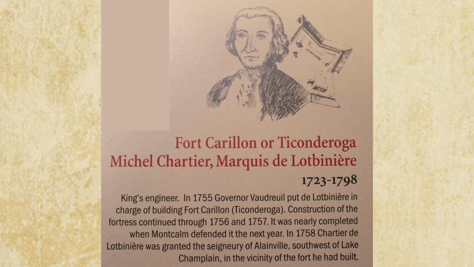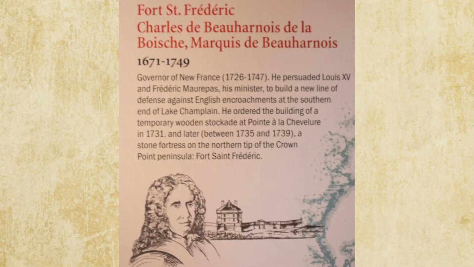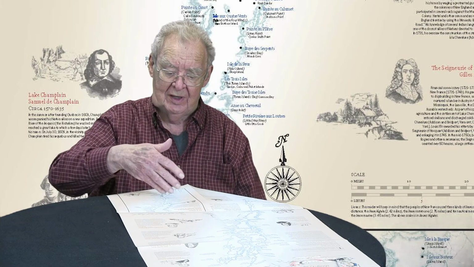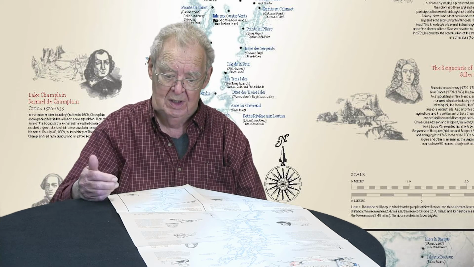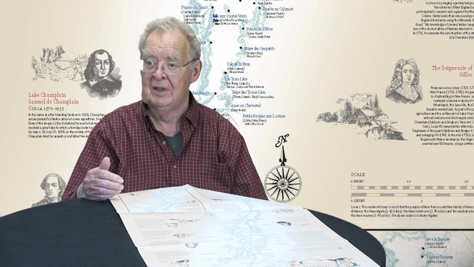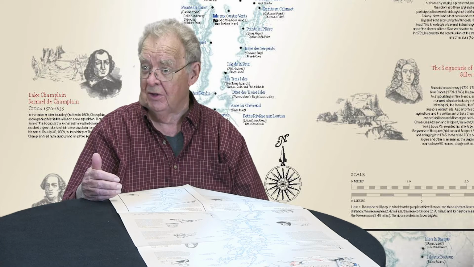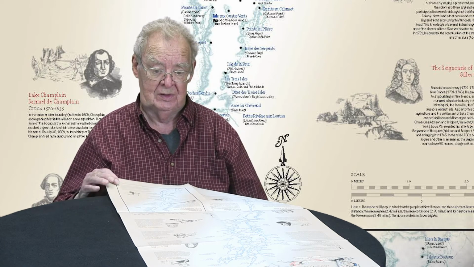The image of Michel Chartier de Lotbinière is also a likeness of the real person, and so is the image of Charles de Beauharnois de la Boche, Marquis de Beauharnois. The reason why we have likenesses of all these people is they were important enough at the time to merit an oil portrait, and these images have come down to us.